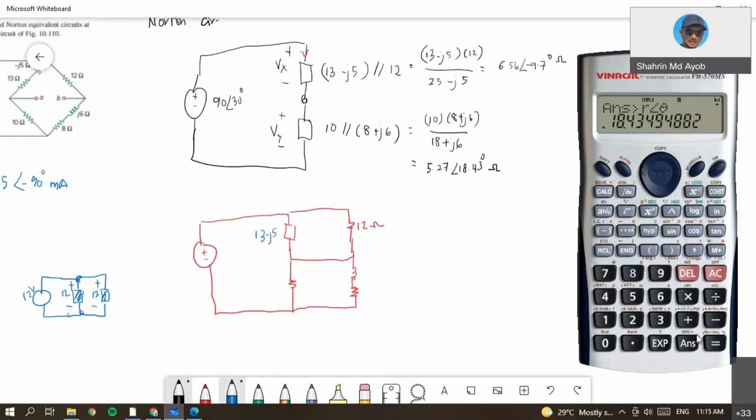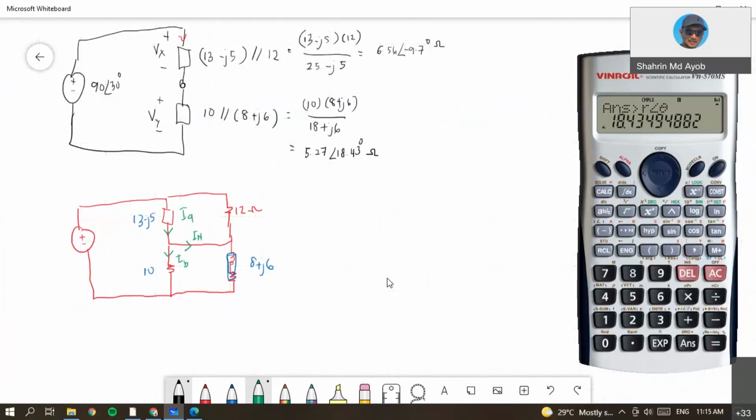This is 12. This is 10. This element is actually 8 plus J6. So you need to calculate. This one is your IN, this one is your IA and this one is your IB. So right now we can calculate your Vx and Vy.